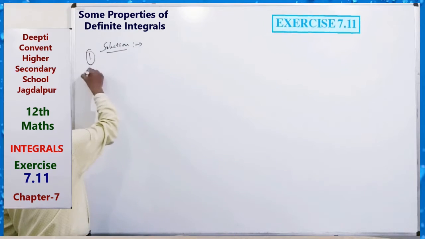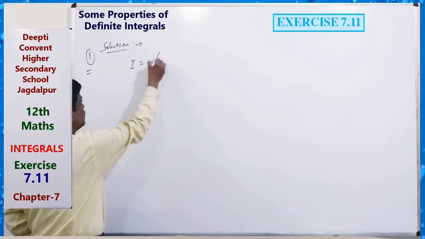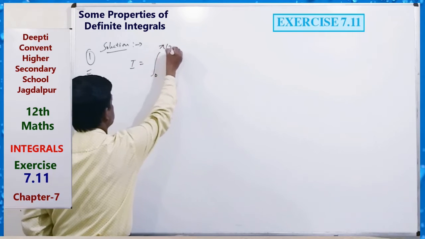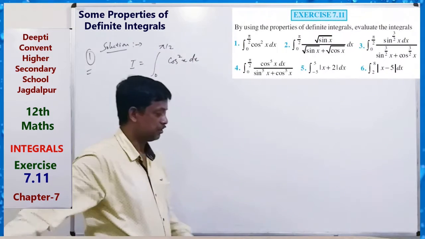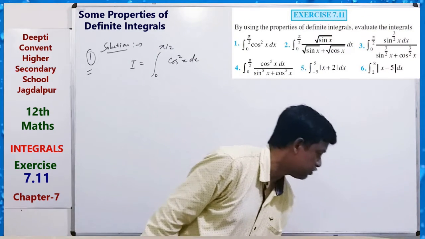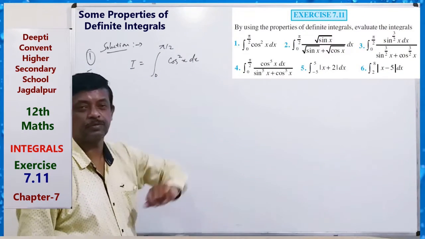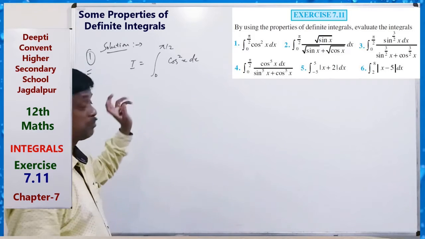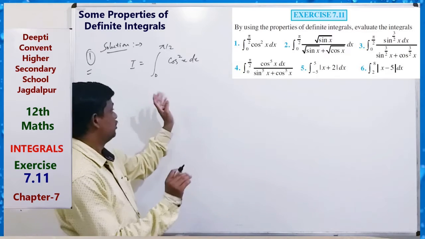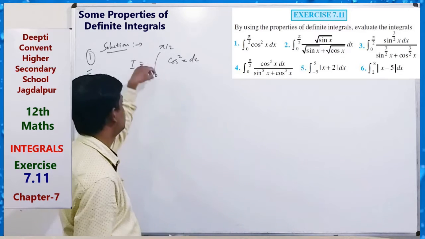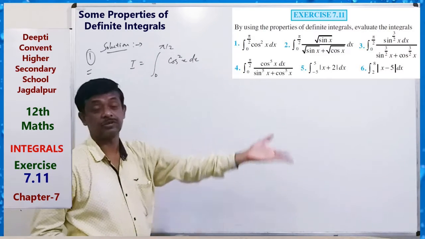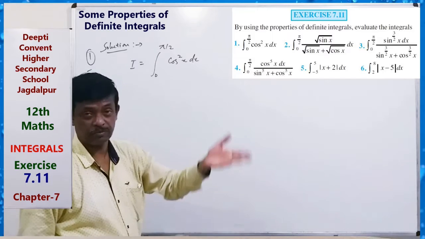First question: I equals the integral from 0 to pi by 2 of cos square x dx. We can solve it by the second fundamental theorem of integral calculus, or without limits using the cos 2 theta formula.